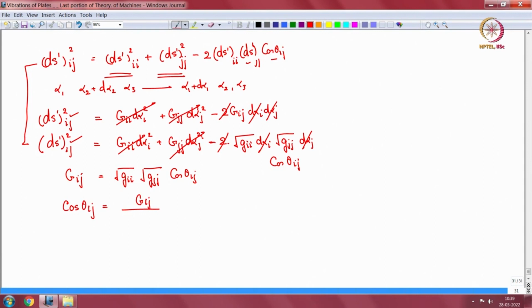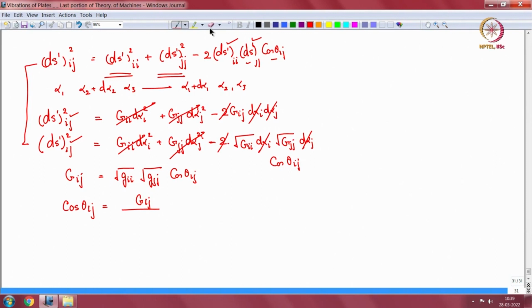Oh sorry, my mistake here. We are talking dash all the time. ds dash, so this will be capital G. This will be capital GJ, my mistake.